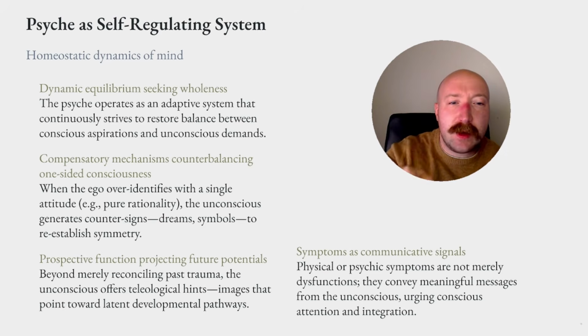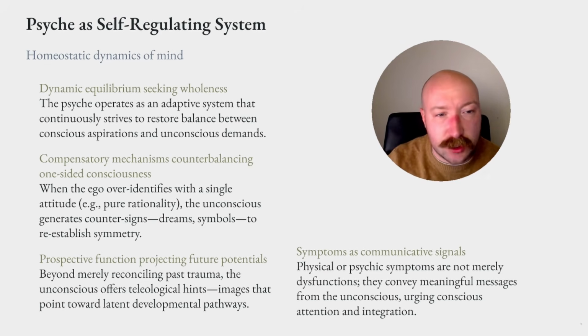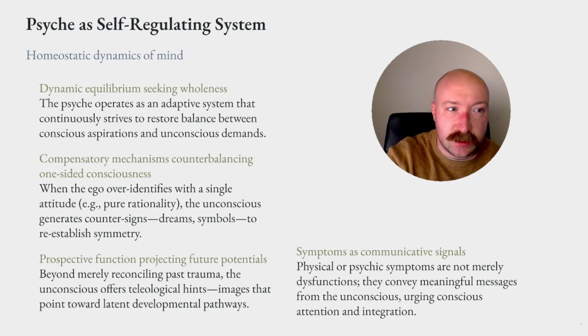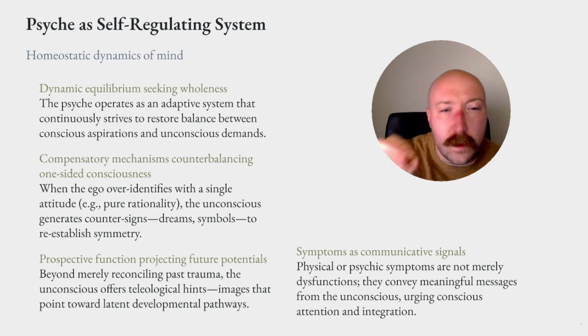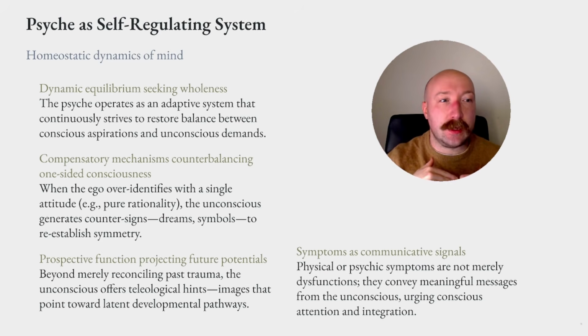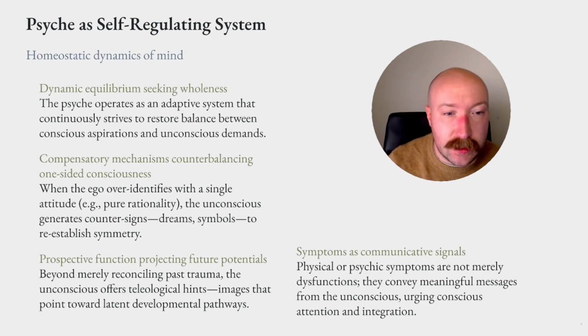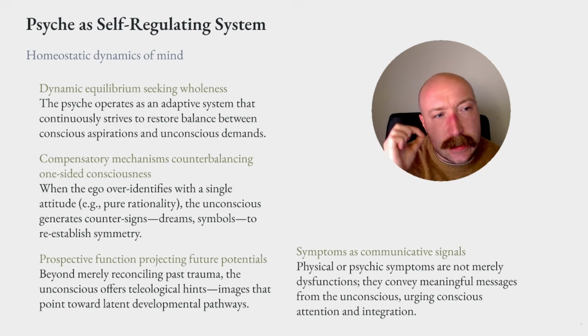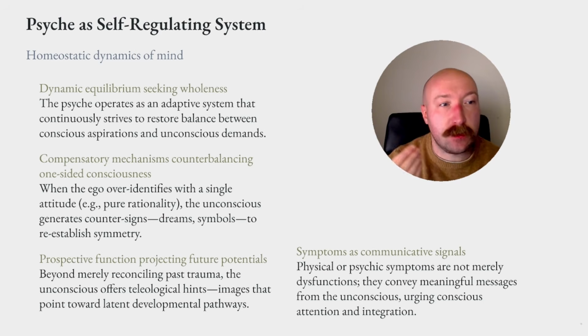And this is where, when we think about the prospective function that is projecting future potentials, think back to the split between Freud and Jung, we're not just reconciling past trauma. The unconscious, in that self-regulating mechanism, is offering us teleological, regulatory hints toward possible pathways.